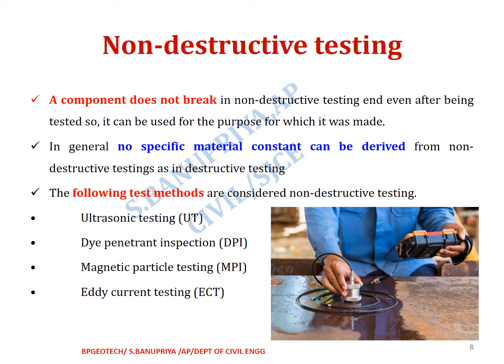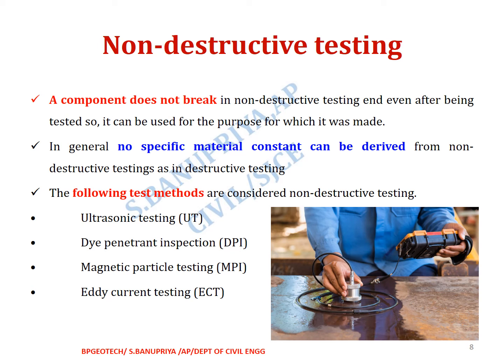In destructive testing, you determine the properties or constants, but in non-destructive testing, you find out the surface flaws or subsurface flaws, for example if there is a presence of any cracks or damages. Those testings come under non-destructive testing.